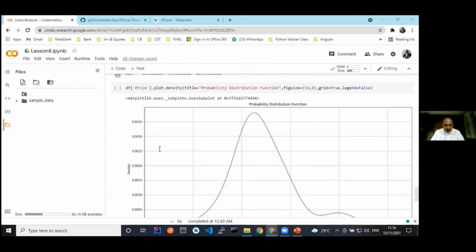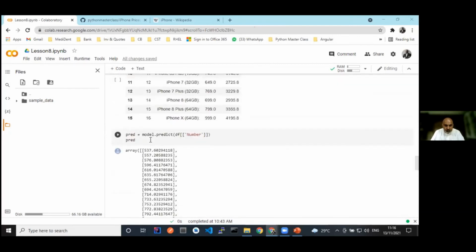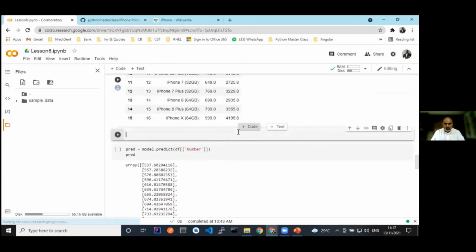Before we go in here, I'm just going to create another code line and see. So we can do certain things.